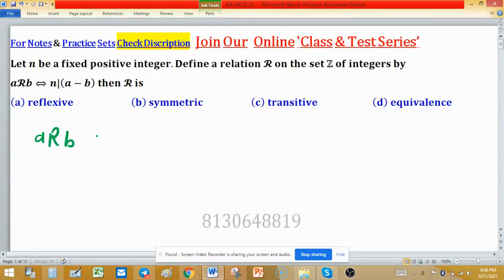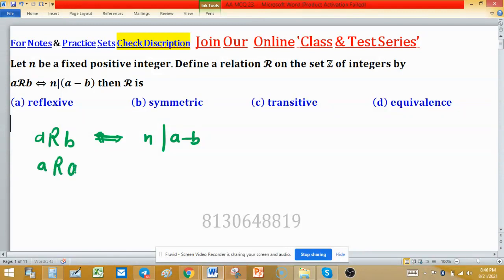So A is related to B if and only if n divides A minus B, and n is a fixed positive integer. To check reflexive, we have to check that all elements of this set of integers are related to themselves.